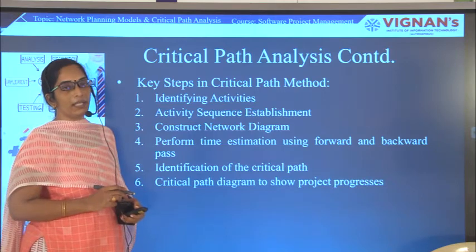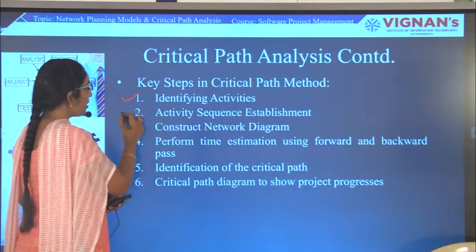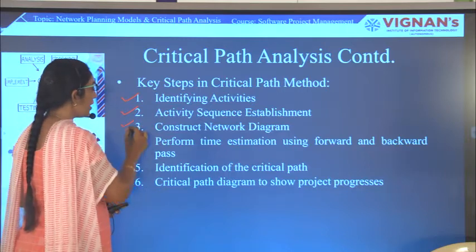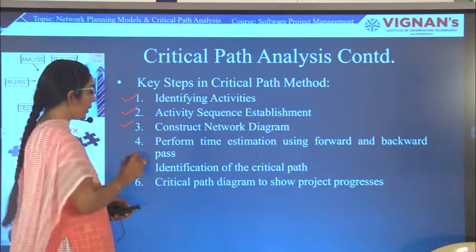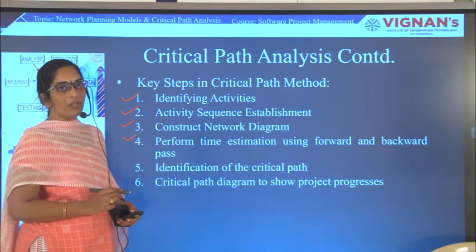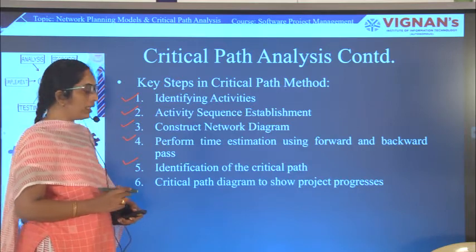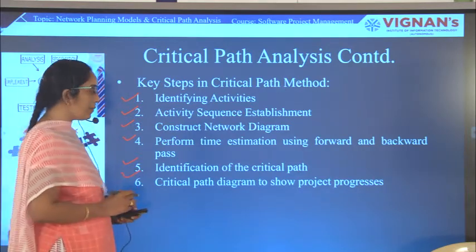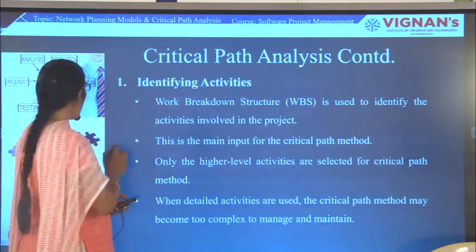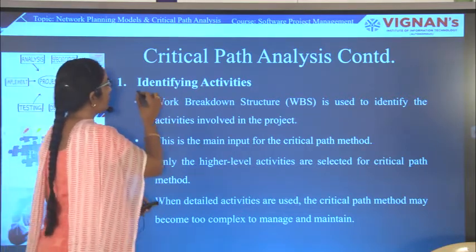The first one is identifying activities, the second is activity sequence establishment, the third is construct a network diagram, the fourth is perform time estimation during forward and backward pass, the fifth is identification of the critical path, and the sixth and last step is critical path diagram to show project progress.